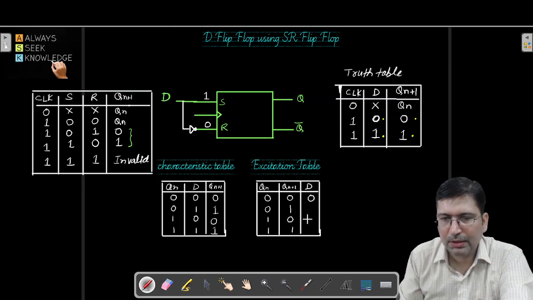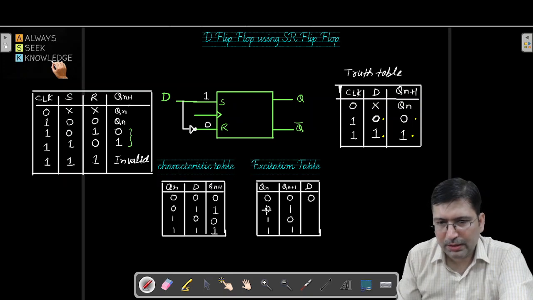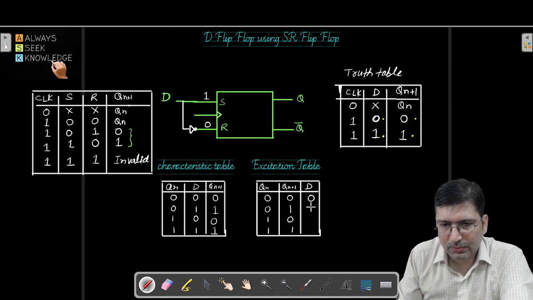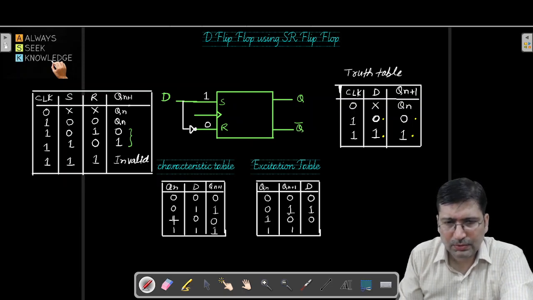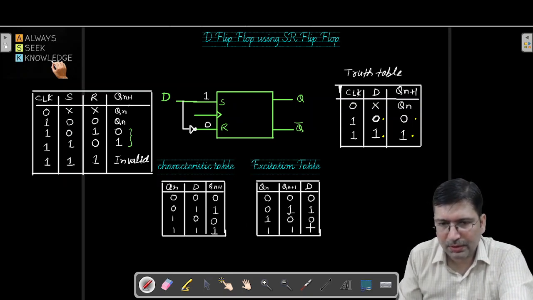Now when Qn is 0 and Qn plus 1 is 1, D must be 1. As simple as that. So if you consider 0 1, it is 1 only. In case of 1 0, Qn is 1 and Qn plus 1 is 0, so D is 0. And the last case, 1 1, will give you 1.